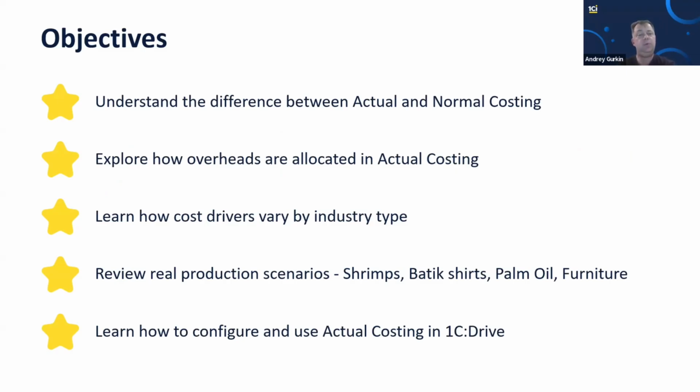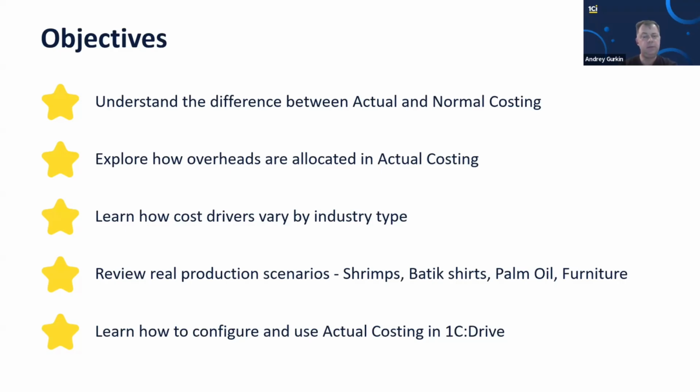Then we will explore how overheads are allocated in actual costing right now, and learn how cost drivers vary by industry types. Today we'll be taking a look at 3 or 4 examples of industries, but of course I'm not talking about particular niche or small industries. I'm talking about industries in general, or maybe it's better to call it the types of production.